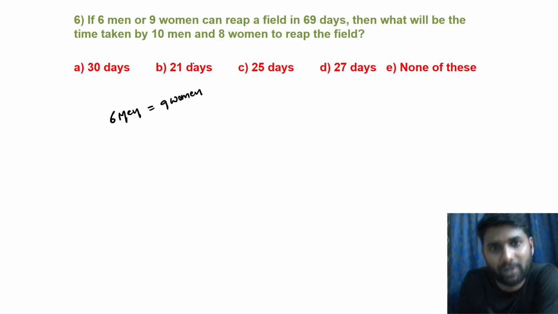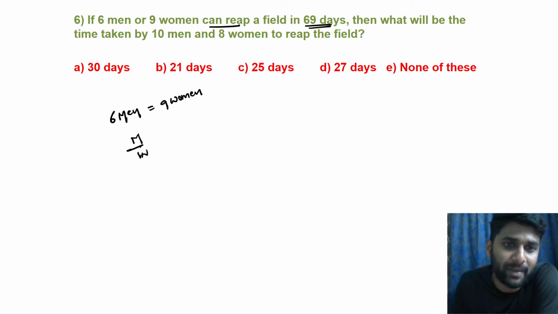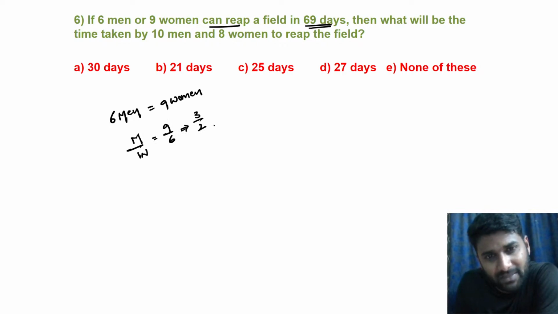We can understand that point. Why? Because they can complete the field in the same number of days. If the number of days is constant, then we can understand that 6 men's work is exactly equal to 9 women's work. So again, the ratio of men to women is exactly 9 by 6. 9 by 6 means 3 by 2, so the efficiency of men is exactly equal to 3 by 2 of women.